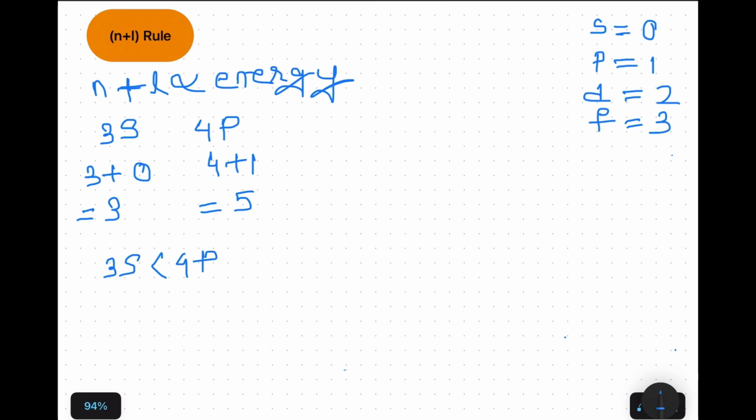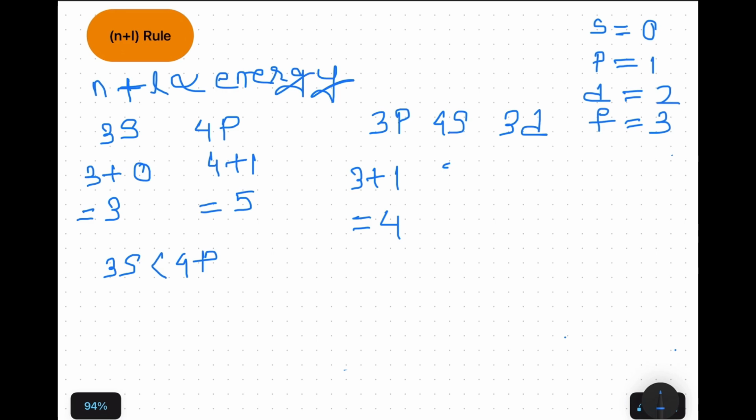Now if you compare among 3p, 4s and 3d, you can see the value of N plus L for 3p is 3 plus 1 is equal to 4.